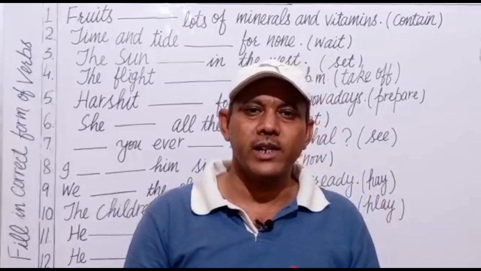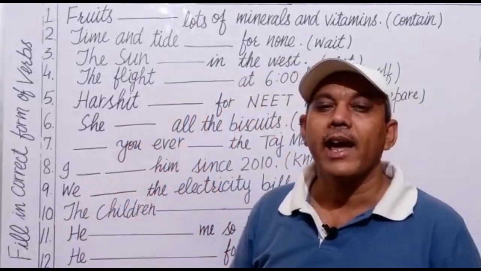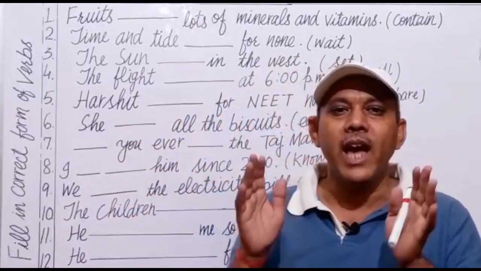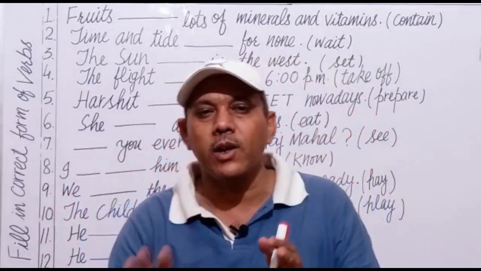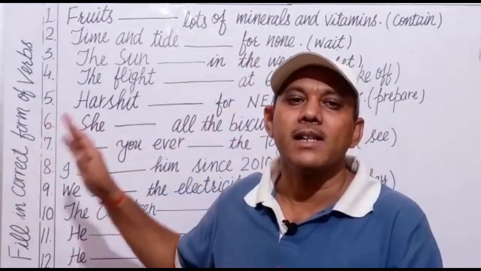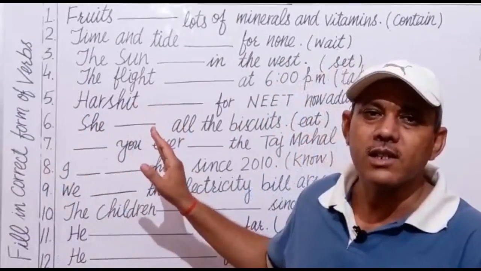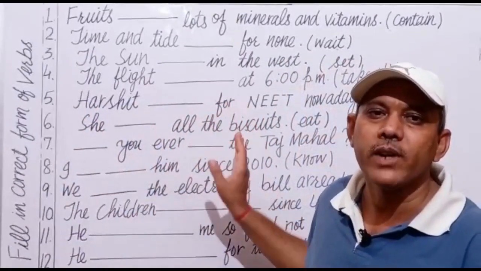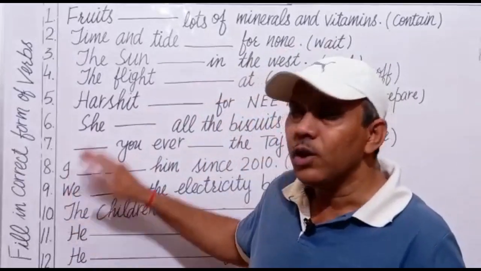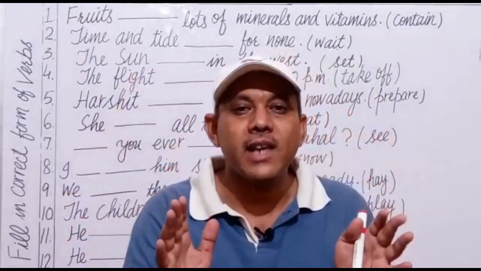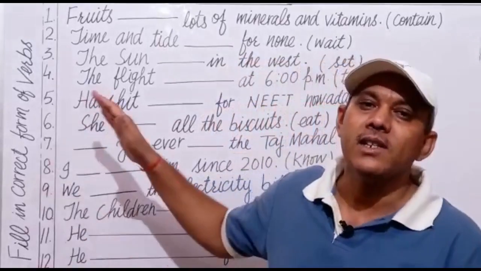Good morning, students. This is exercise time. We have discussed uses of all the four types of present tense: present indefinite, continuous, perfect, and perfect continuous in detail. Now we are going to solve an exercise based on present tense.